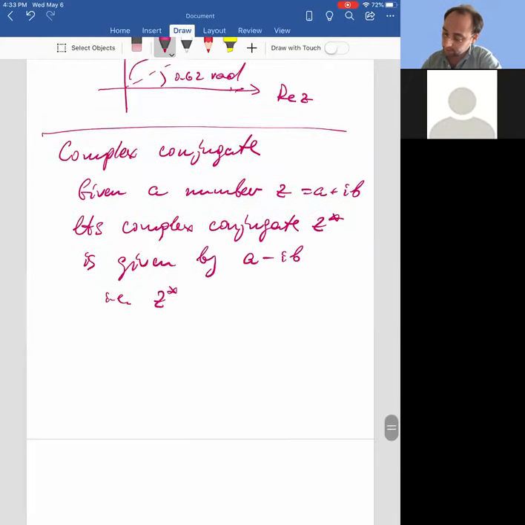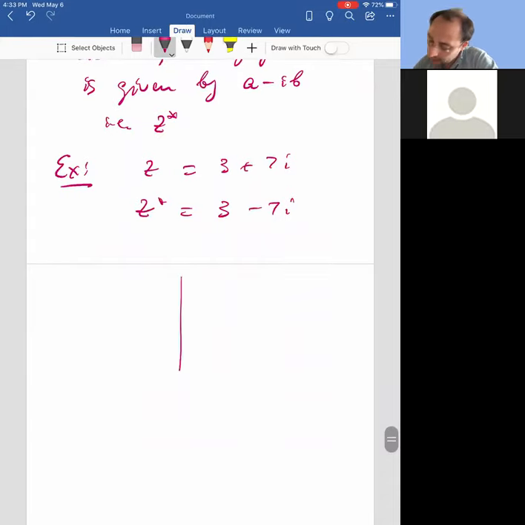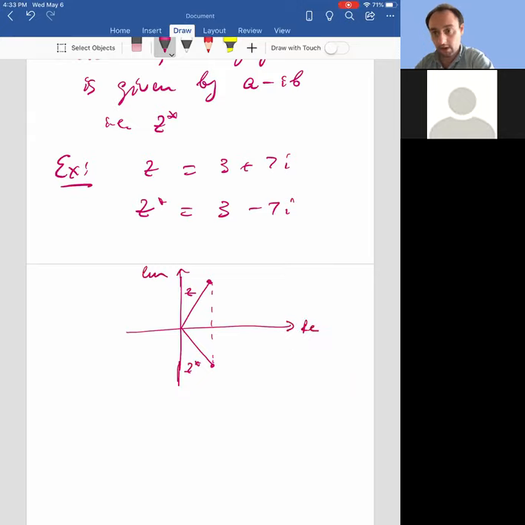All right, so for example, if z equals 3 plus 7i, z star equals 3 minus 7i. Now, how would you depict that? So here's the real plane. Here's 3, 7. So here's your number z. The z star has the same real component, but the opposite, or negative, imaginary component. So this is the real and this is the imaginary part.